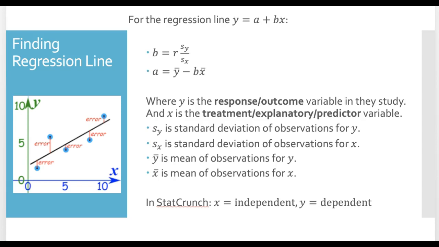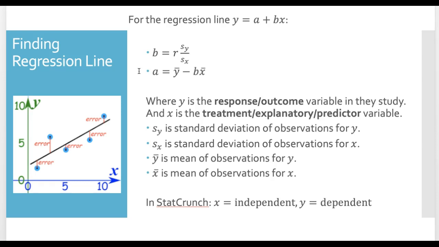For the regression line y equals a plus bx, given your data, the estimate for the slope is your correlation coefficient times the quotient of the standard deviation of the outcome variable over the standard deviation of the explanatory variable. For the y-intercept, you find the average of the outcome variable values and subtract the product of the slope and the average of the explanatory variable.